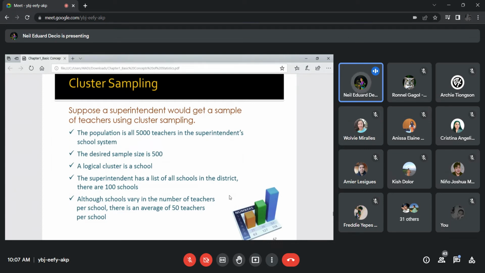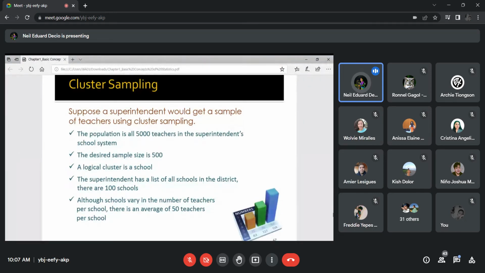The superintendent has a list of all schools in the district, and there are 100 schools. Now imagine if you won't do cluster sampling in a study like this. If you randomly sample, it is costly and very time consuming, because imagine there are 100 schools and you're going to select randomly 500 teachers from those 100 schools.